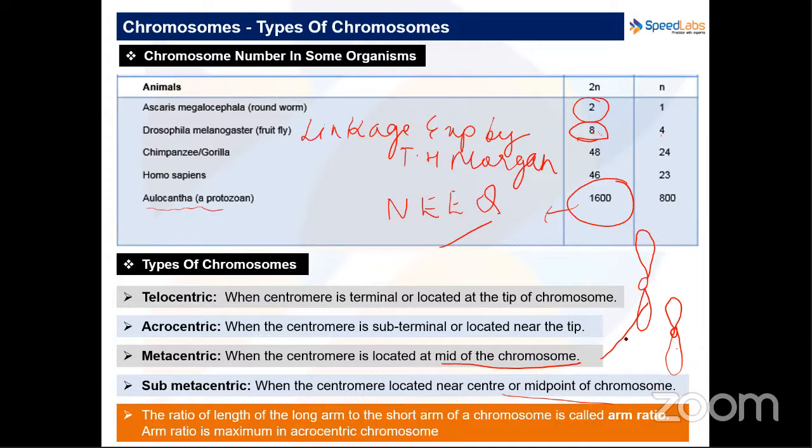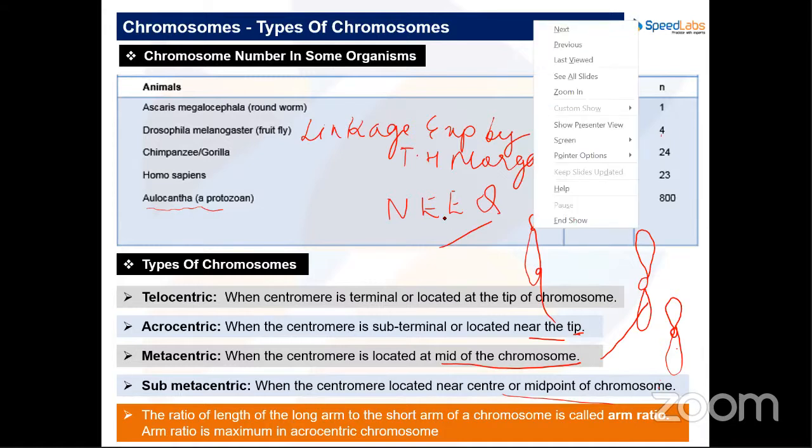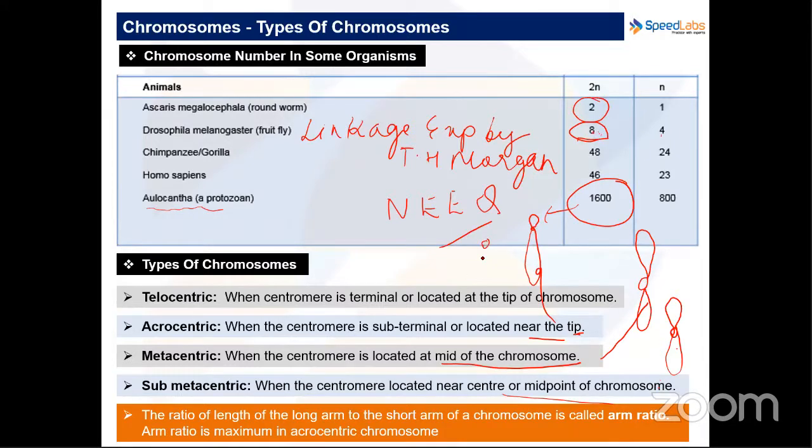Then you have acrocentric, which is J-shaped, where one arm is very long and the other is very short. So it is near the end. Telocentric is just at one end. So these are the different types of chromosomes based on the position of the centromere.